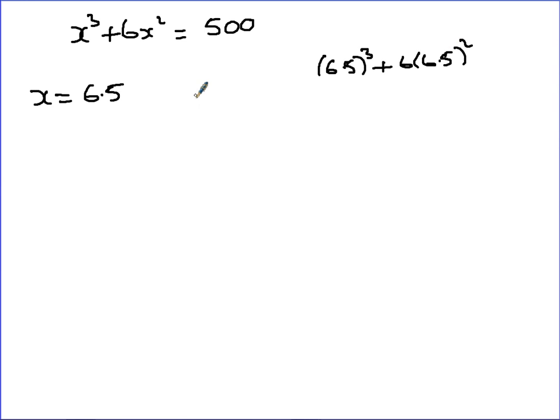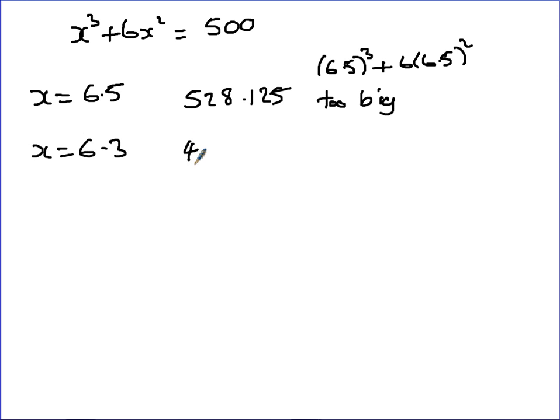So we get 528.125, and that's too big. So I'm going to try a smaller one. So I'll try 6.3 this time. Now on my calculator, I can just delete the 5s and put 3s in. It saves a lot of rekeying.